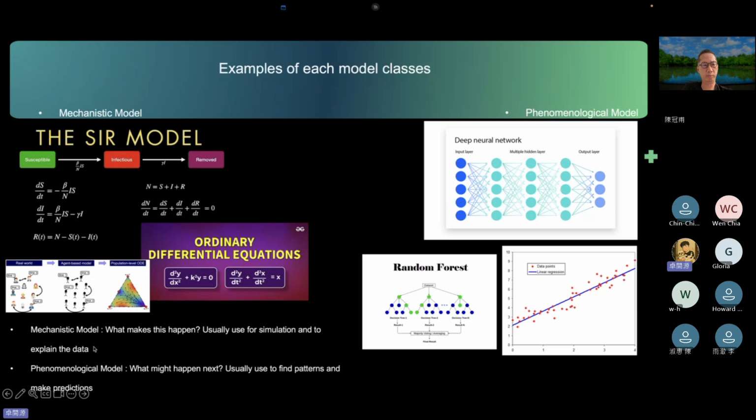In a mechanistic model, the question is, what makes this happen? It's usually used for simulations and to explain the data. For phenomenological, the question is, what might happen next? It's usually used to find patterns and make predictions, like deep neural networks, regressions, and random forest.